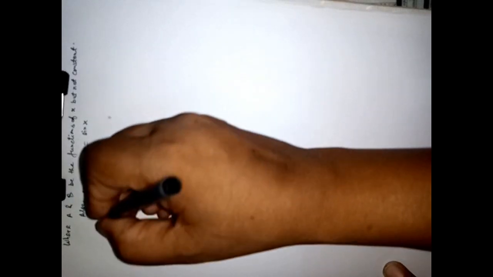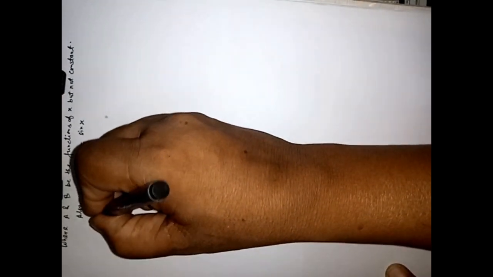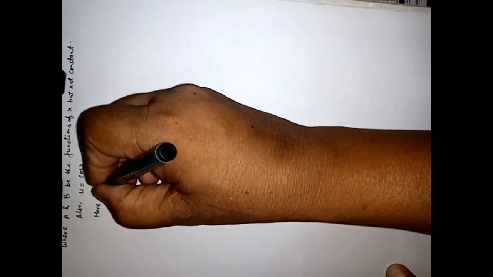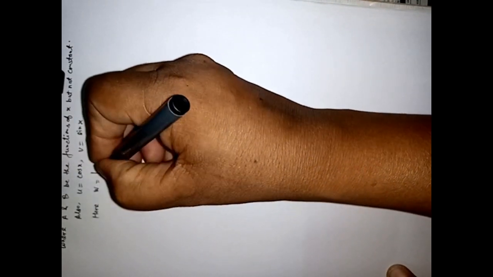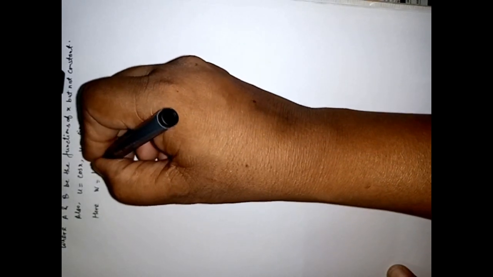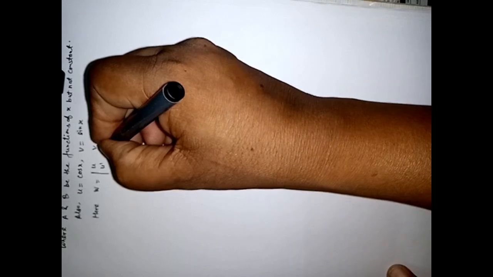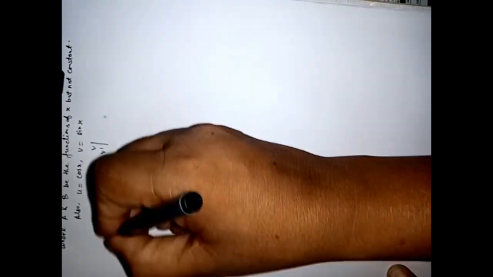So the Wronskian W is equal to the determinant of u, v, u dash, v dash.